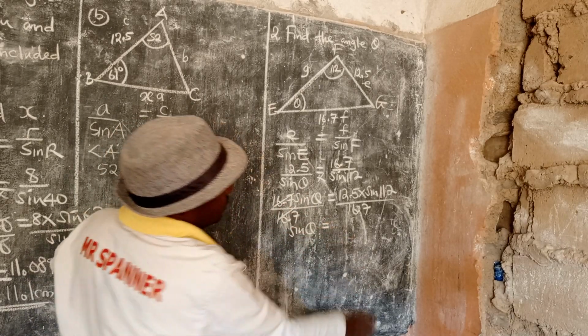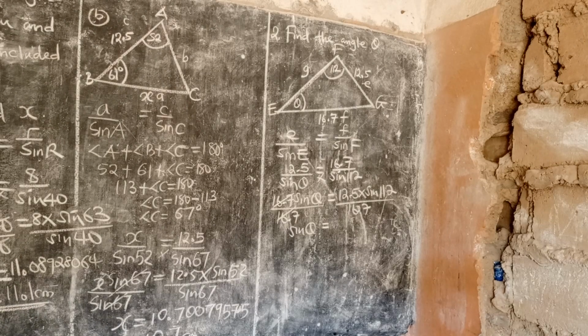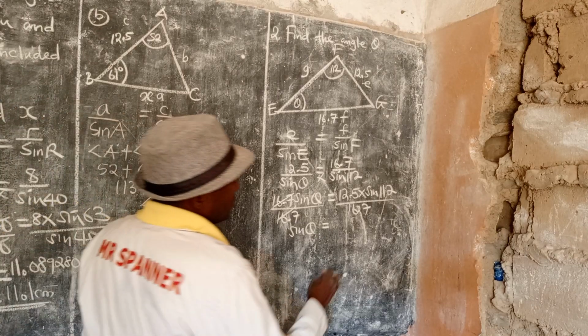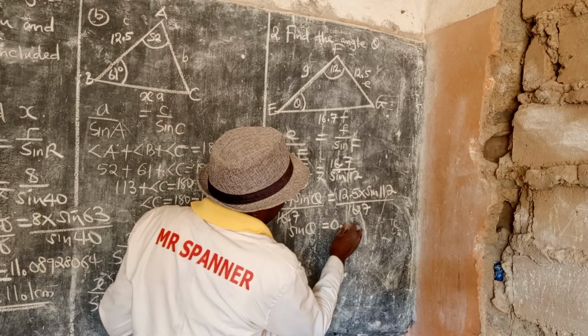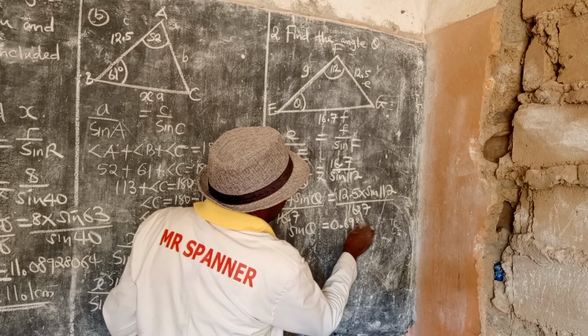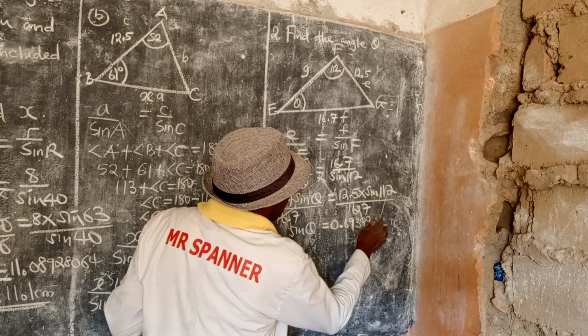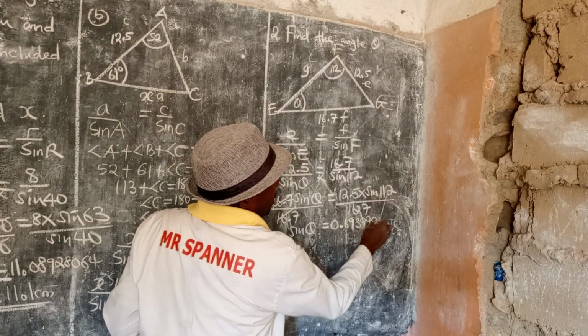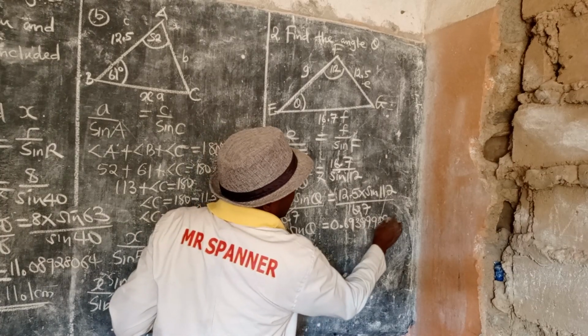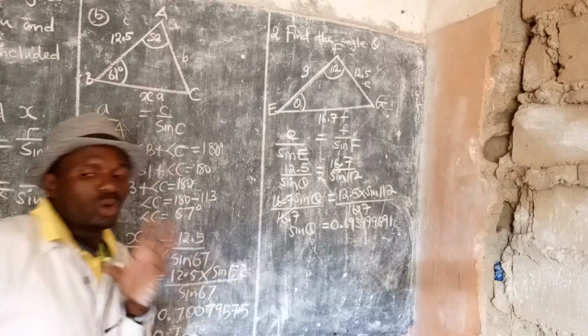Sine theta is equal to 12.5 times sine 112, divided by 16.7. That gives 0.693999891.